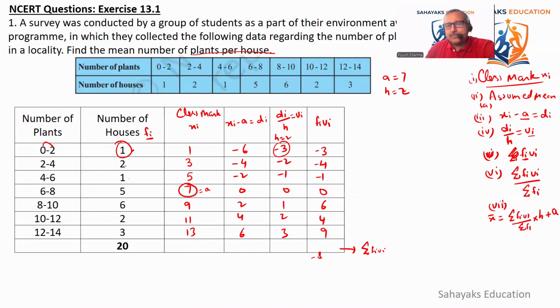So 19 minus 8 comes out to be 11. This value comes out to be 11.